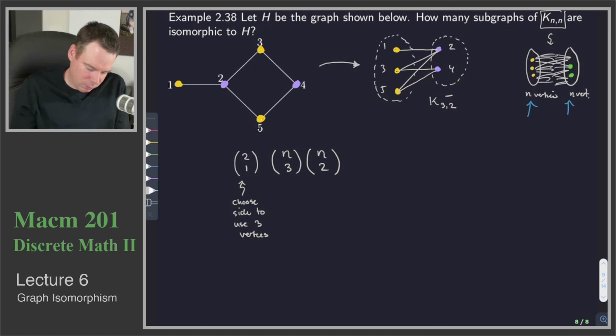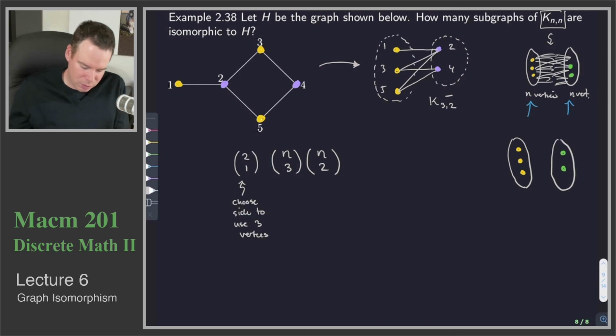So again, we'll look at our picture. I find it always helpful to draw as the selection process happens. So I've got this selection process. There's n vertices. I've just selected 3 of them. From the other half of the bipartition, I've selected 2 of them.